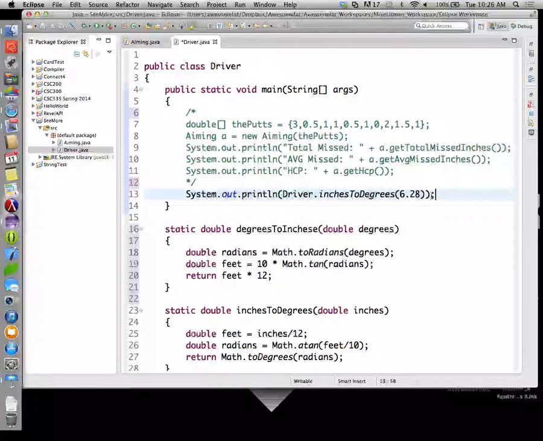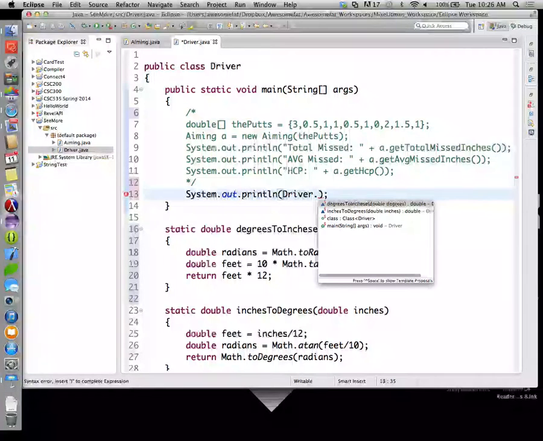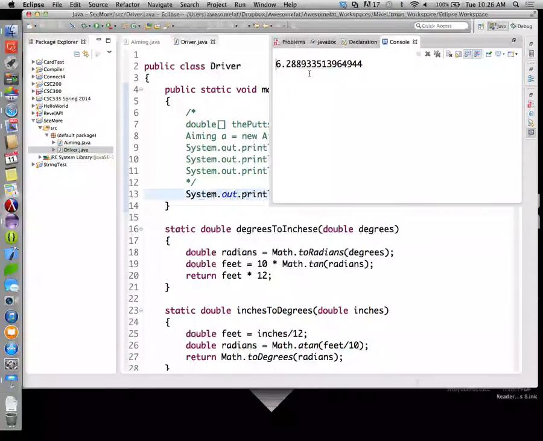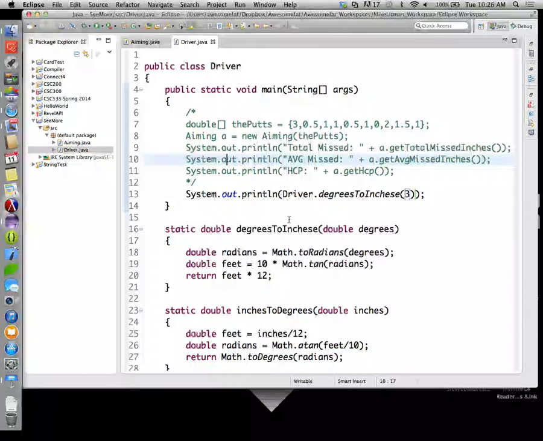All right, so if we were to pass in driver.degrees2inches and we passed in a 3, we're hoping this gives us something like 6.28-ish. Now, the reason for that: we want to be able to read in, realistically, our given information in the document, which we'll open as soon as we can, has a bunch of degrees.